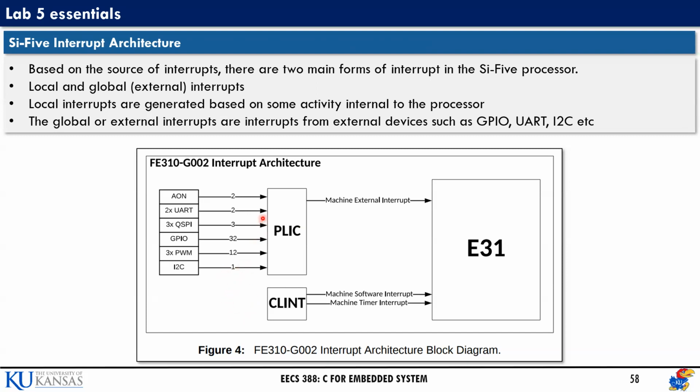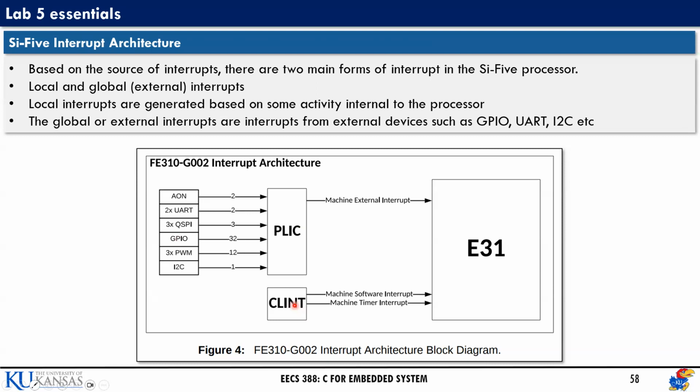For the global interrupts, we can also call them the external interrupts. The external interrupts are interrupts from the external devices, as the name suggests, such as GPIO, UART, or I2C, etc. To handle the local interrupts, the SiFive processor has a module called CLINT.